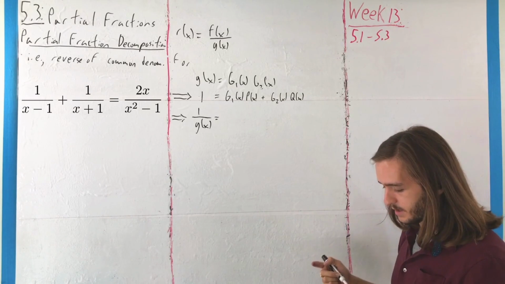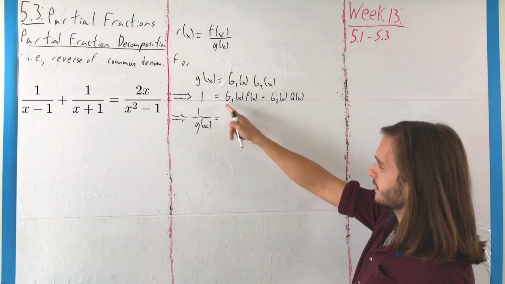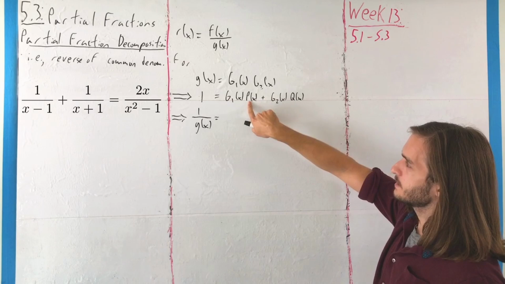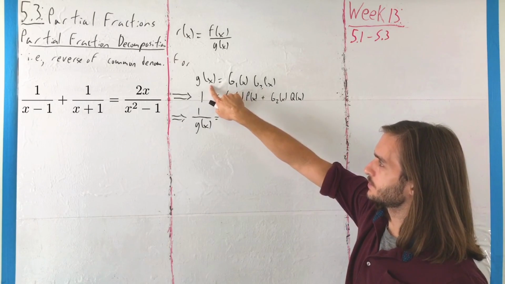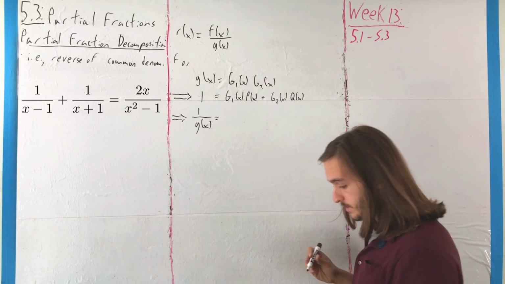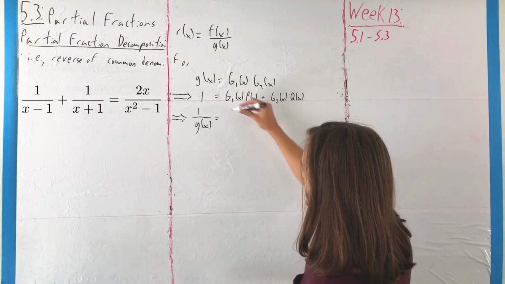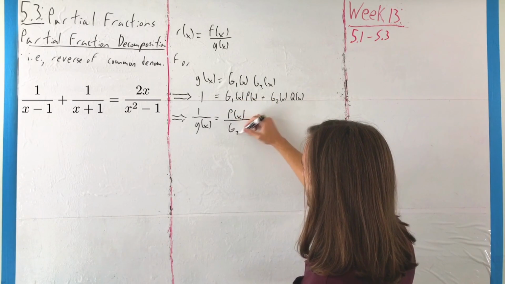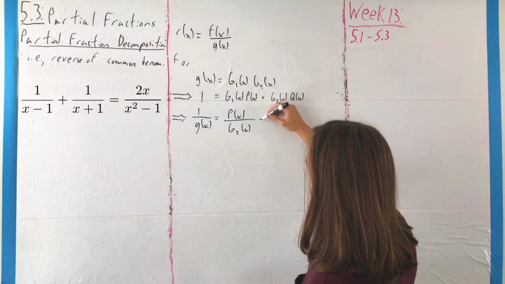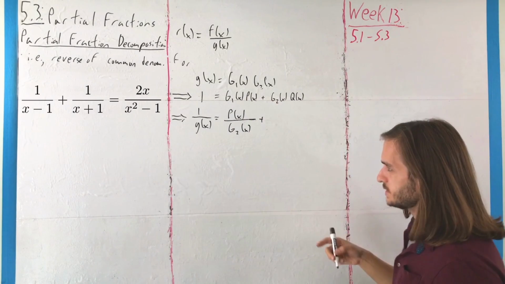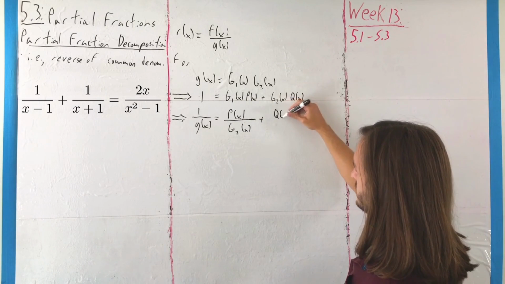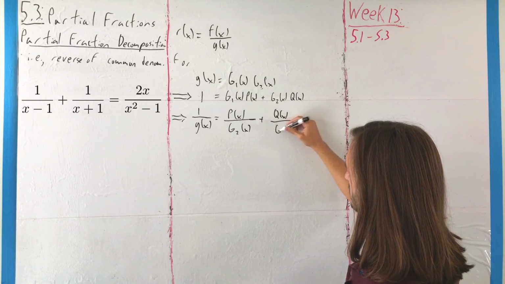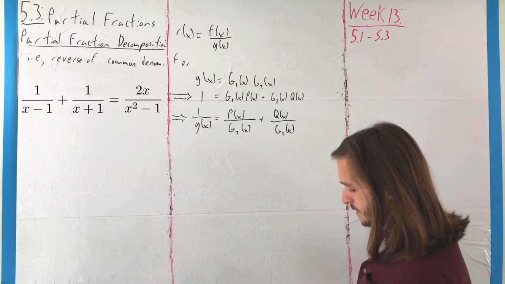We can split our parts up, where if we divide this g1p, then g underneath that's going to cancel the g1, and we would be left with p of x over g2 of x plus, over here the g2 would cancel, so we get q over g1.